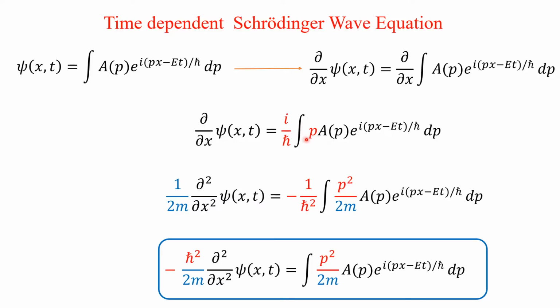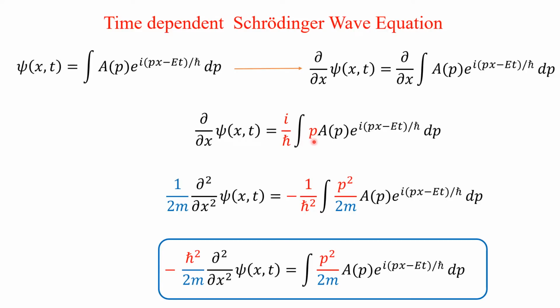Here we are going to take the second order position derivative. The reason is that only the second order position derivative will give you the energy. Here we are using it as an operator. So this will give you p squared over 2m; we have to get p squared over 2m.